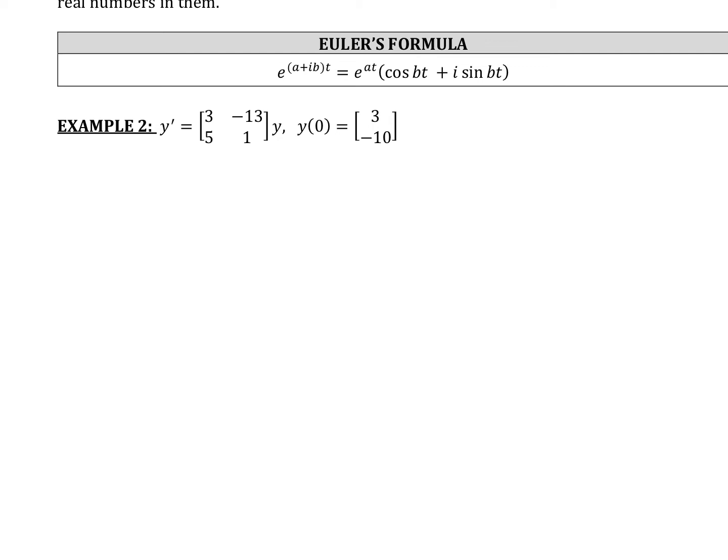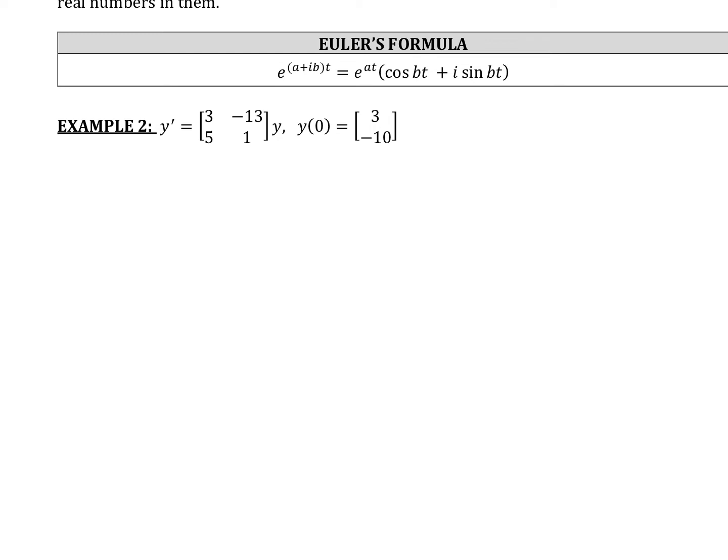Okay. So when we have complex eigenvalues, I'm really only going to use one of the complex eigenvalues to get the solutions.